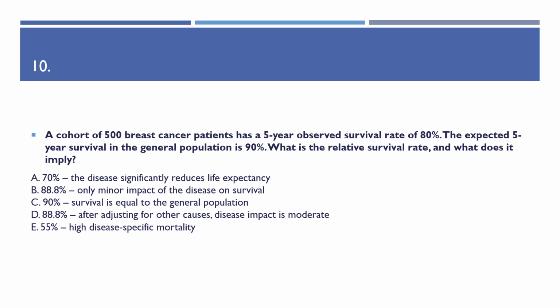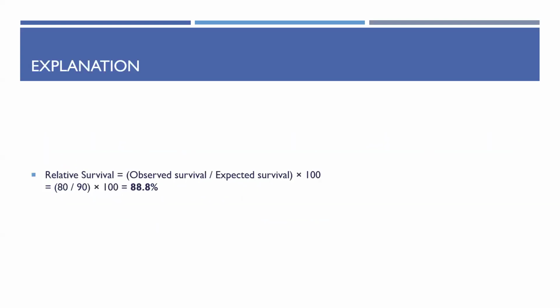C, 90%, survival is equal to the general population. D, 88.8%, after adjusting for other causes, disease impact is moderate. E, 55%, high disease-specific mortality. So D is the right option.